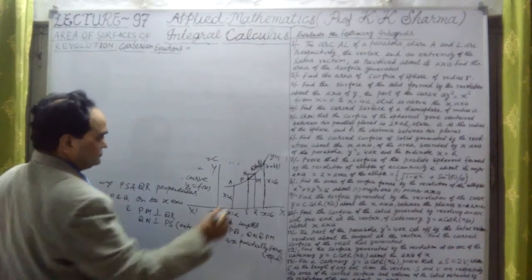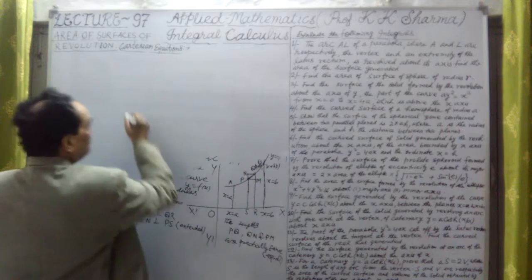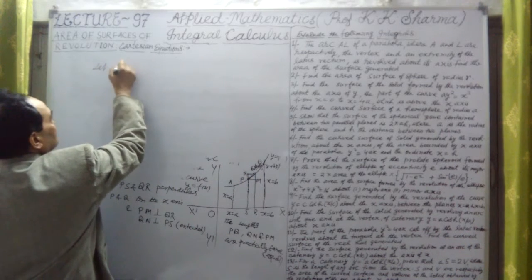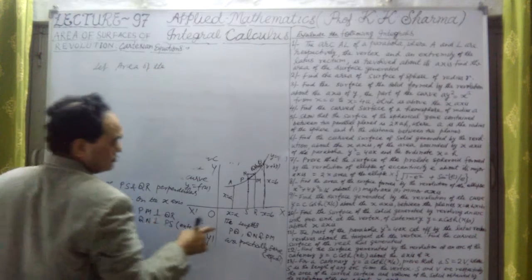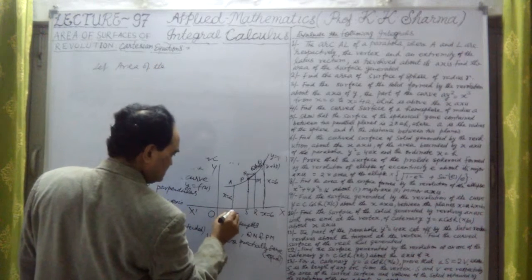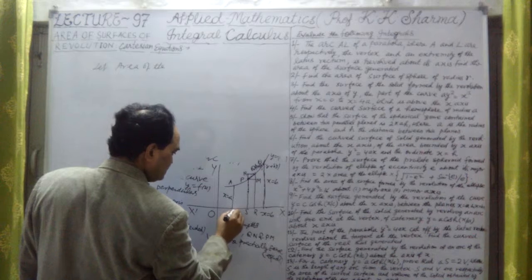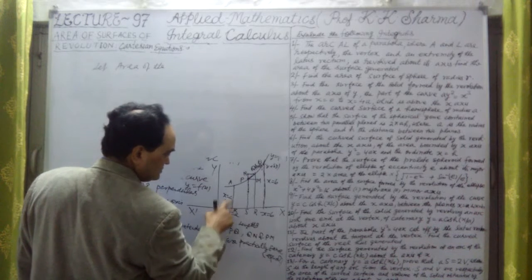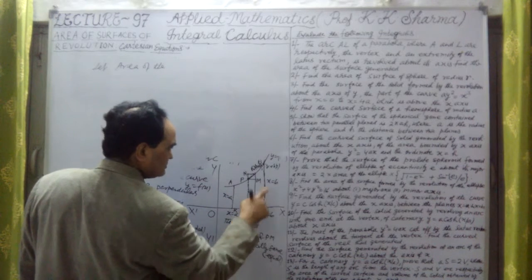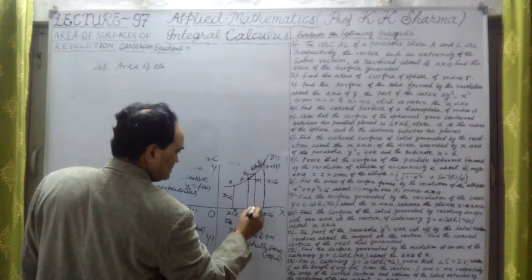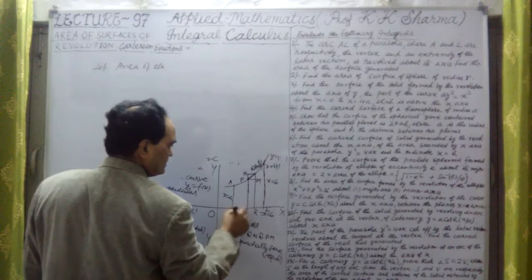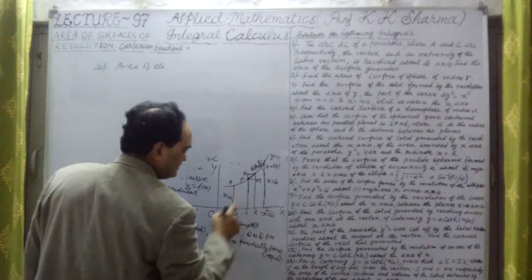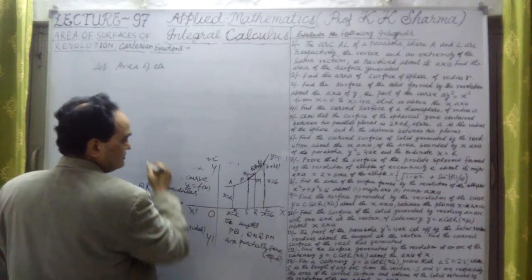Now let me take some point K here and L here, so AK and BL. This is the area I am taking here.